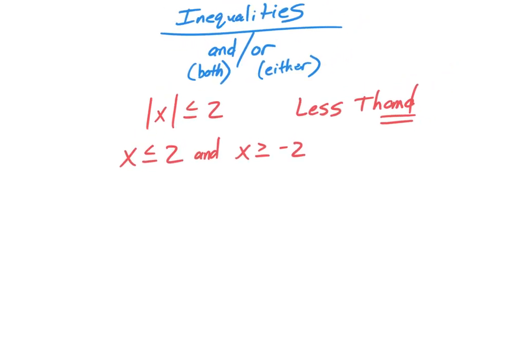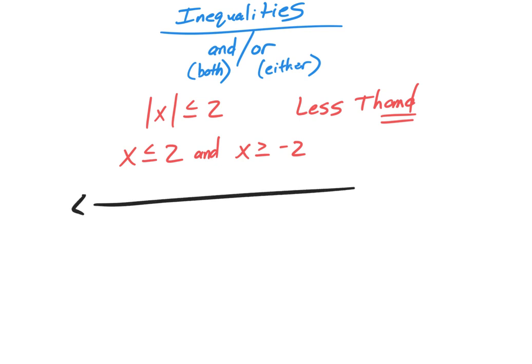Now, what we're going to do here is graph our inequality, and then write our answer in interval notation. There's that interval notation again, because we have inequalities. I like to do the number line first. Make sure you put -2 on the left and +2 on the right, because negative numbers are further to the left.